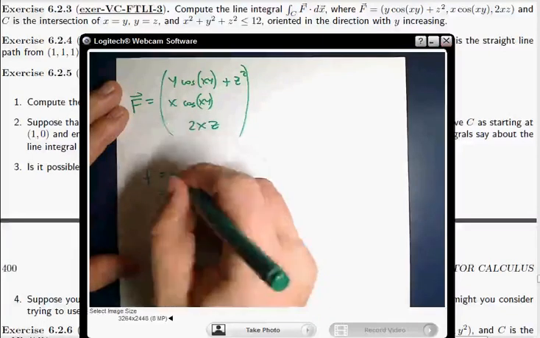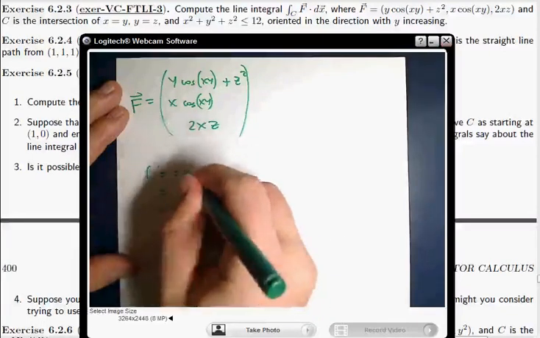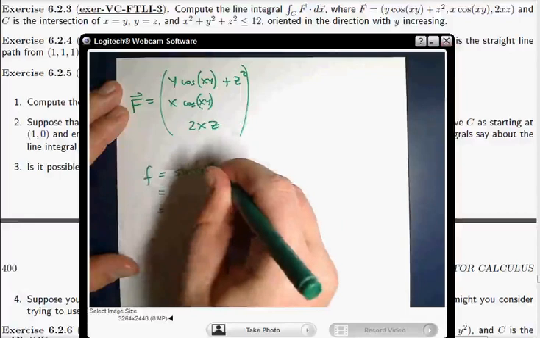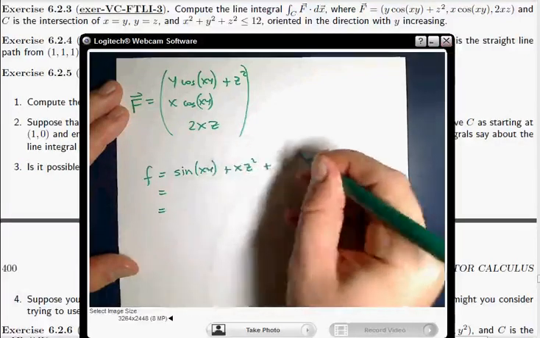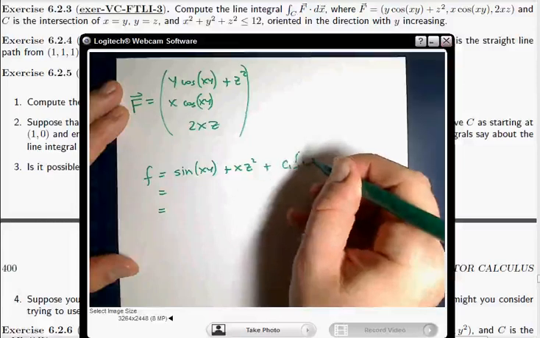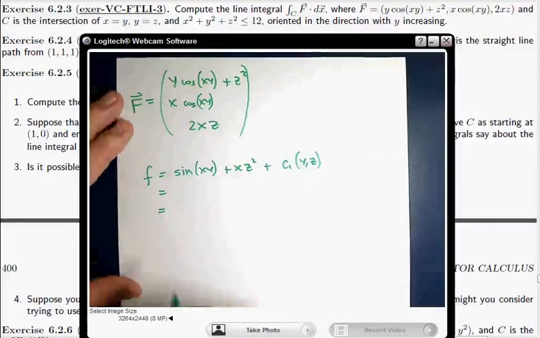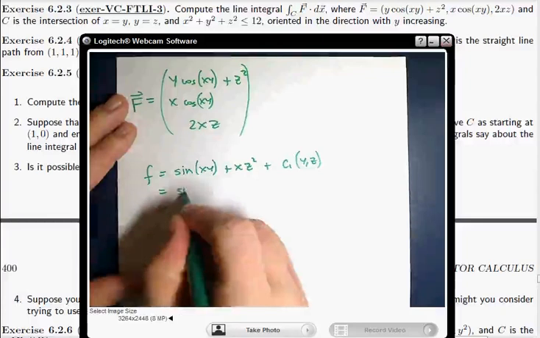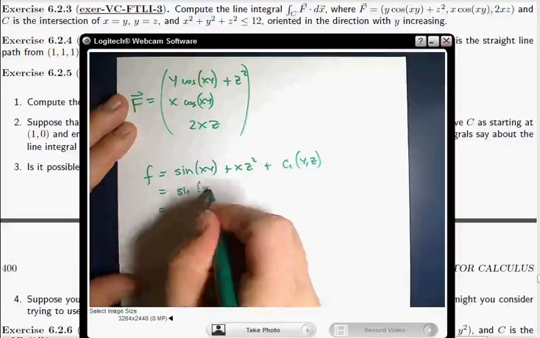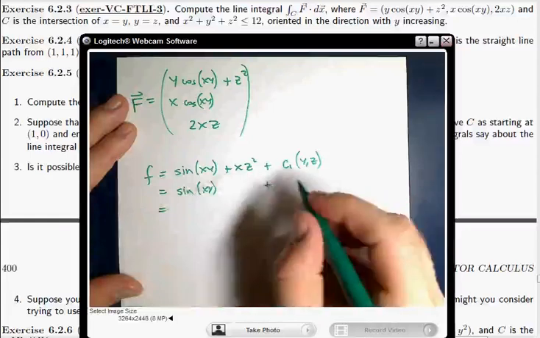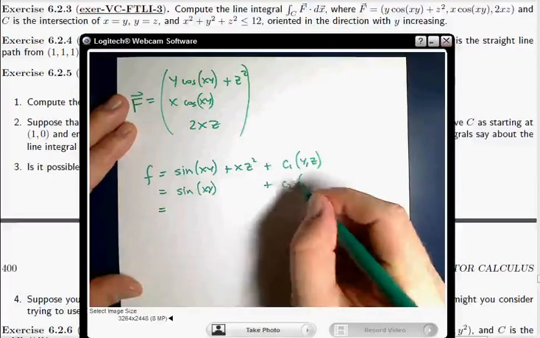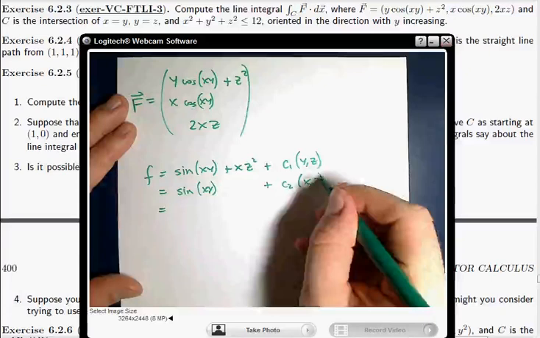So I claim that I get sine xy plus xz squared plus an unknown function of y and z. Then I get sine xy. Okay, that's cool. That's good news. And then plus an unknown function of x and z.